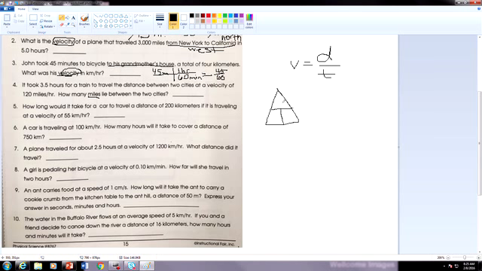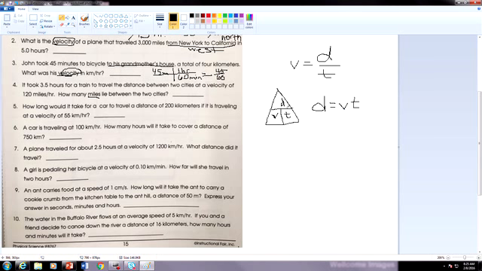So right now our formula has d over top of t, and v is over here. So our actual formula is v equals d over t. So if I'm looking for distance, because that's what it's looking for, how many miles, then we're going to do d equals, and these two are next to each other, so it'll be v times t.